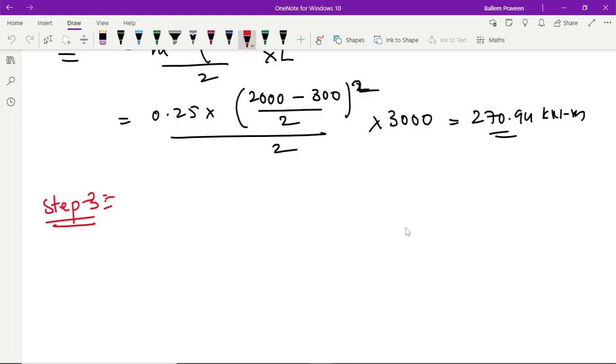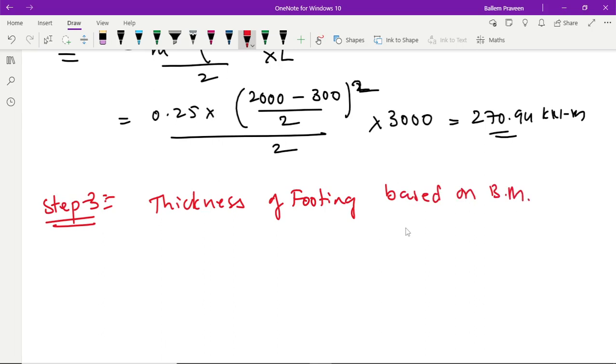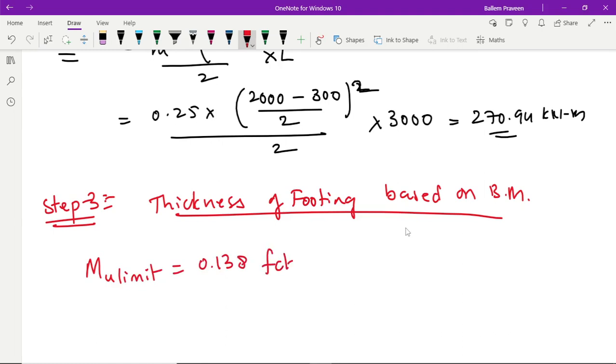Remember, so thickness of footing based on bending moment. So Mu, same formula we are going to use. Mu limit for Fe415, the formula is 0.138 fck b d square.